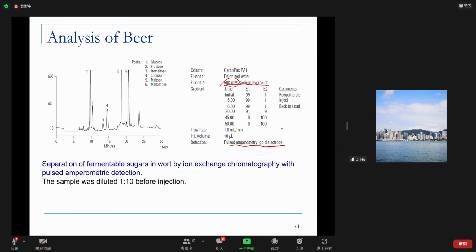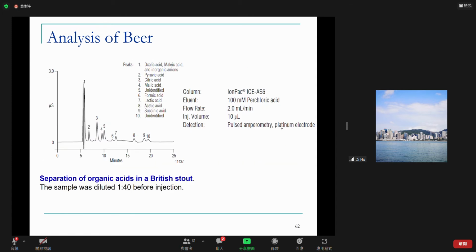So what else? You can also analyze carboxylic acids in a sample. This is a separation of acids in British stout, which is a kind of beer. It uses ion exclusion chromatography, not ion exchange, because now it is analyzing those carboxylic acids. You see that?